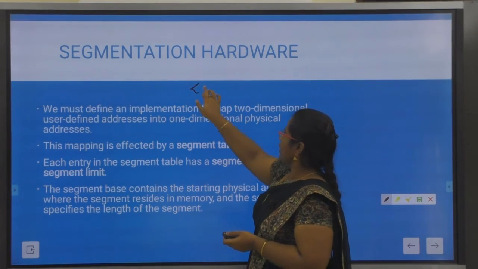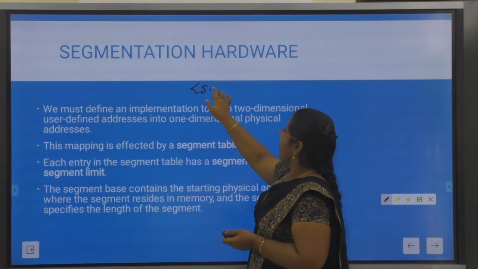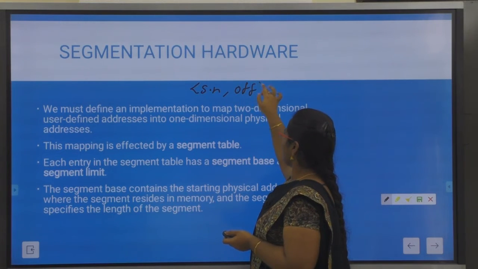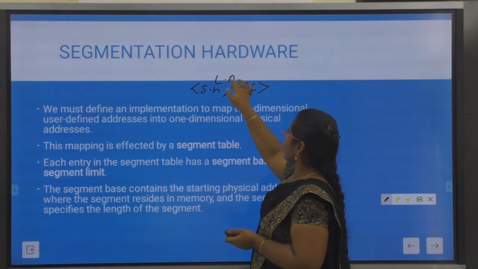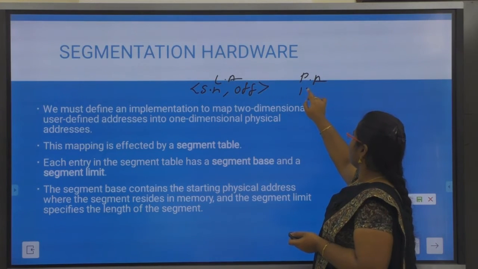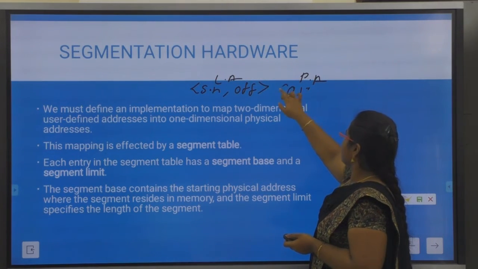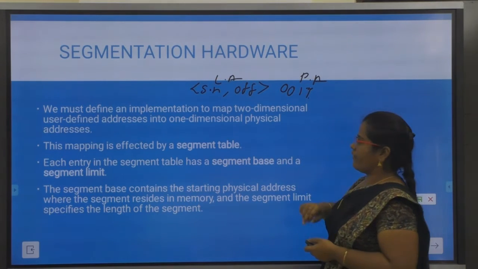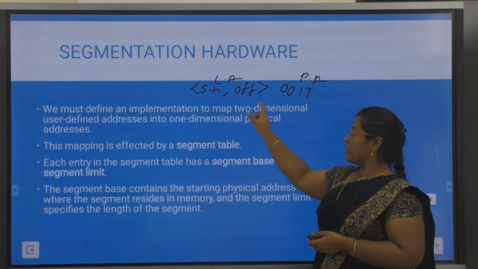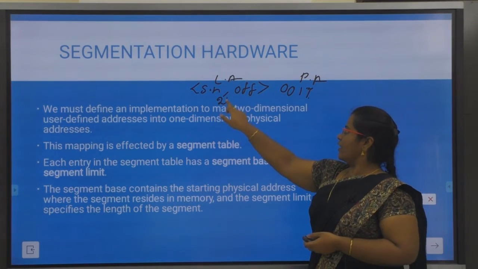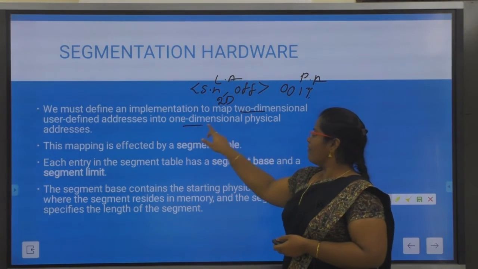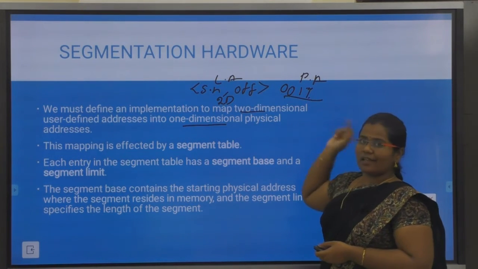Your logical address is of two parts, segment number and offset, whereas your physical address, as we have seen before, like 0011, is a single number. So the logical address is a two-dimensional address, whereas the physical address is a one-dimensional address, only one single number.